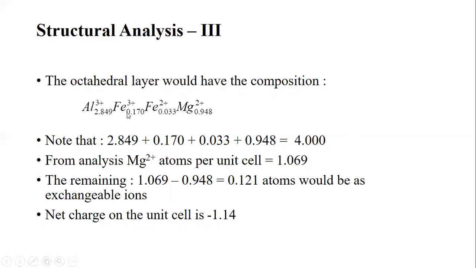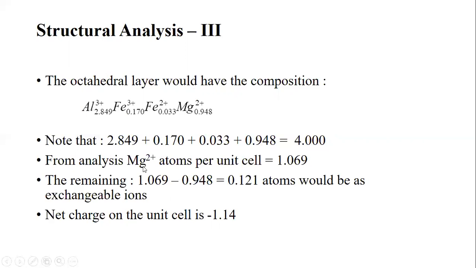Same way, use it for all of them. Ferrous 0.033, magnesium 0.948. Note that 2.849 plus 0.170 plus 0.033 plus 0.948 equals 4.00. From analysis, magnesium atoms per unit cell is 1.069.